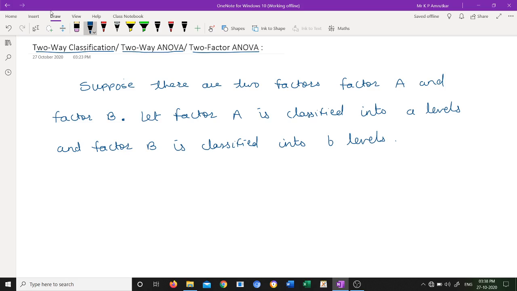Now suppose factor A has A levels and factor B has B levels.